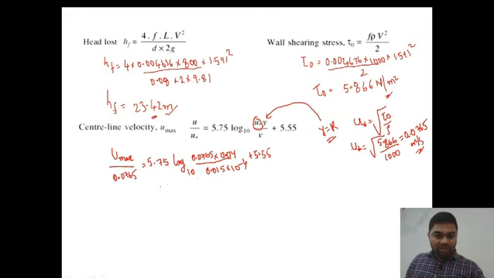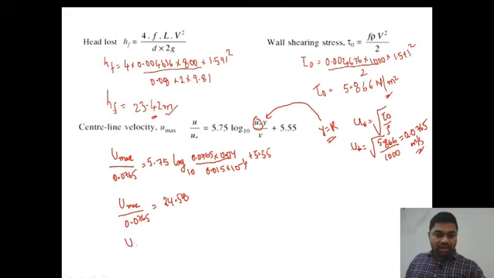If we calculate the above, u max by 0.0765 is equal to 24.58.